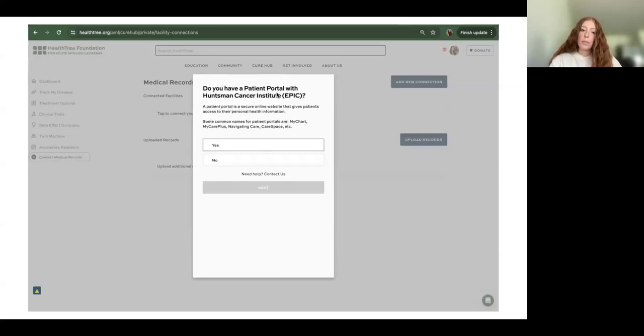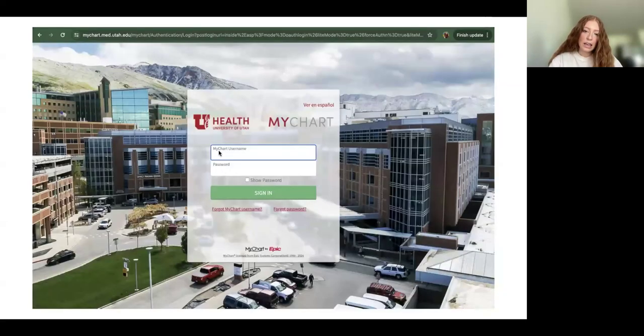And it'll ask you if you have a patient portal. So if you go online and look at your test results, you'll have a patient portal. If you're not able to do that, we will gather your information through paper records, but more than likely you can click yes. It'll take you to your facility's main patient portal sign-in screen.